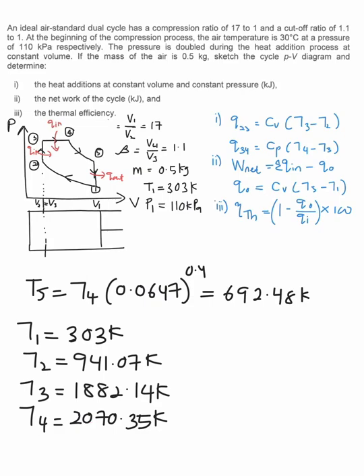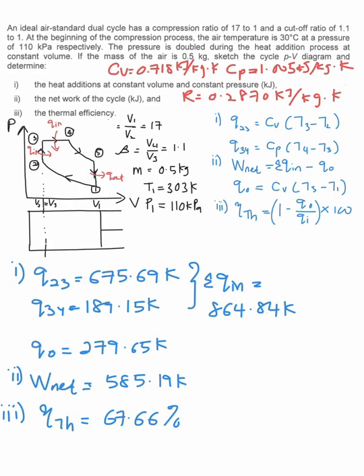That means if you have a look at this PV diagram, T4 is here, where the complete combustion process happens. There's no more fuel and air to be burned. That's why you have the highest temperature over here. So now that we have all the temperatures, we just plug them into these equations and solve all the problems here.